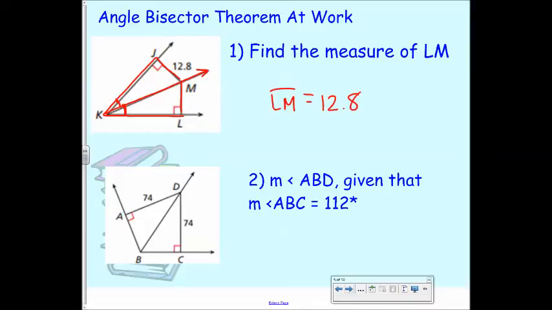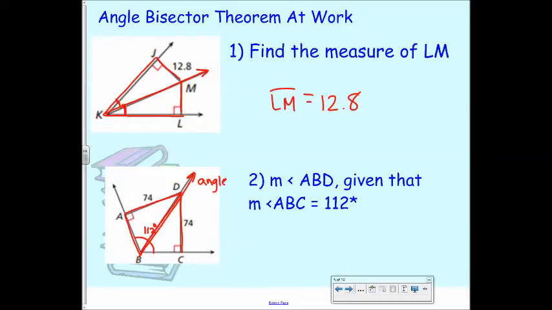Down here in number 2, I want to find the measure of ABD, given that ABC is equal to 112. So the whole angle down here, ABC, is 112. Now I know that this is 74 and this is 74. So that tells me that BD is a what? BD is an angle bisector.